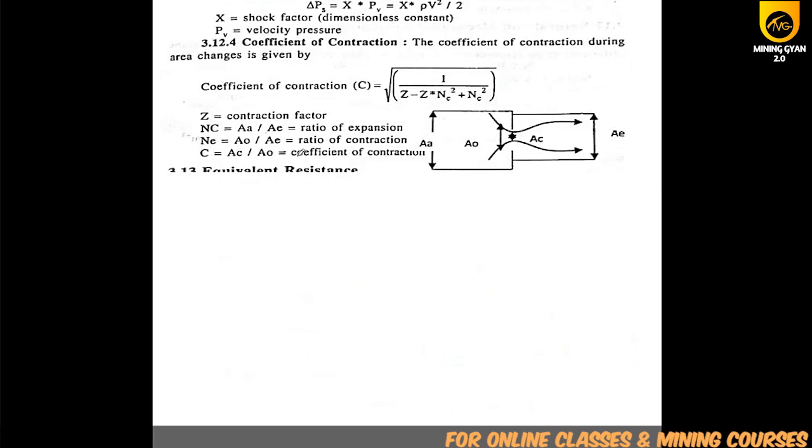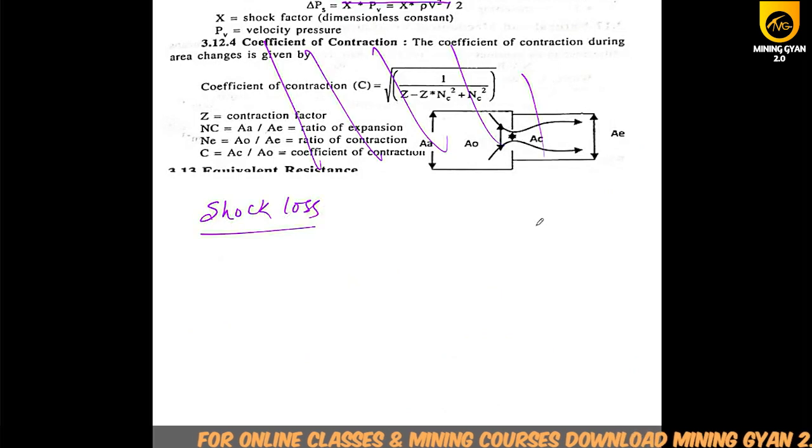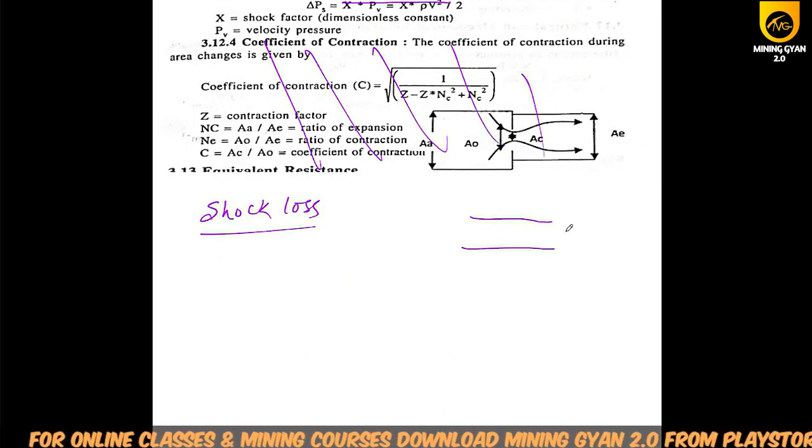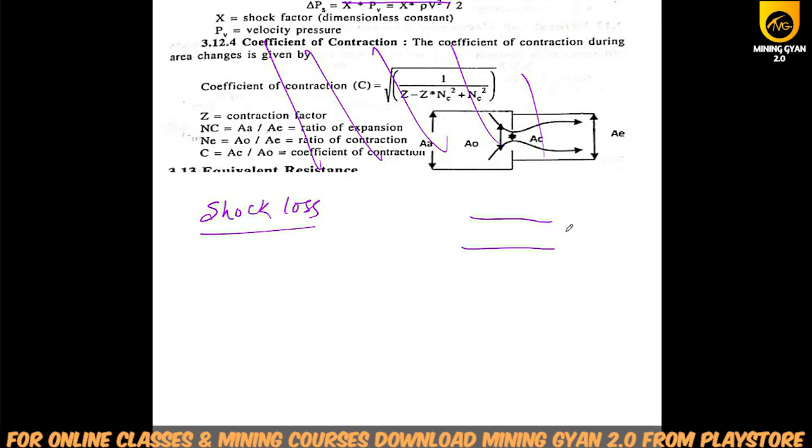Okay, and shock loss at area changes and the bend. I think you know, if you are in a district and the district turns 90 degrees, your air will also turn. So in turning, there will be air loss.